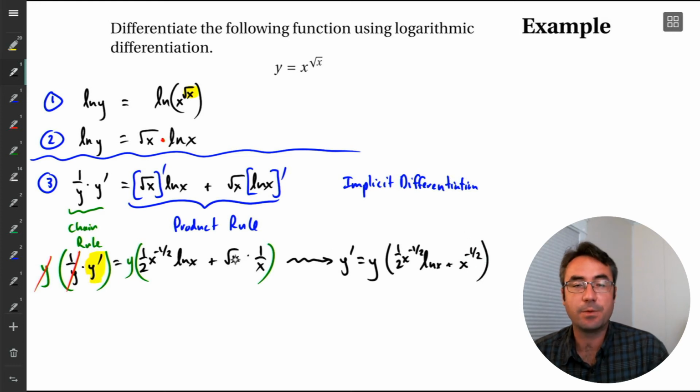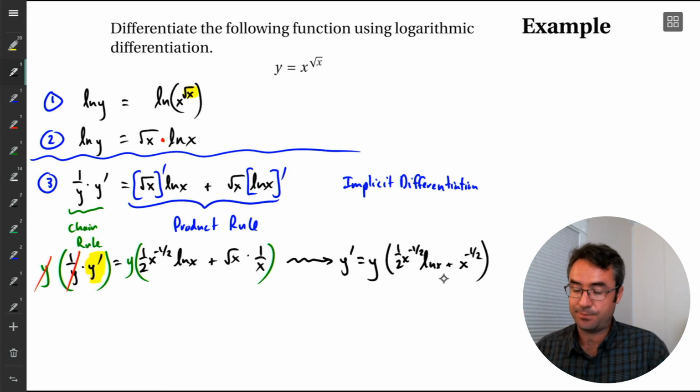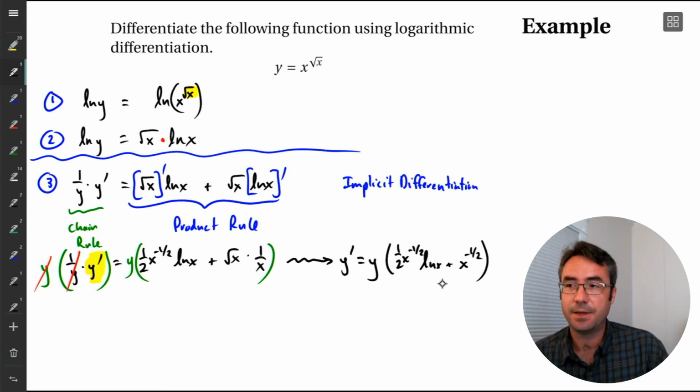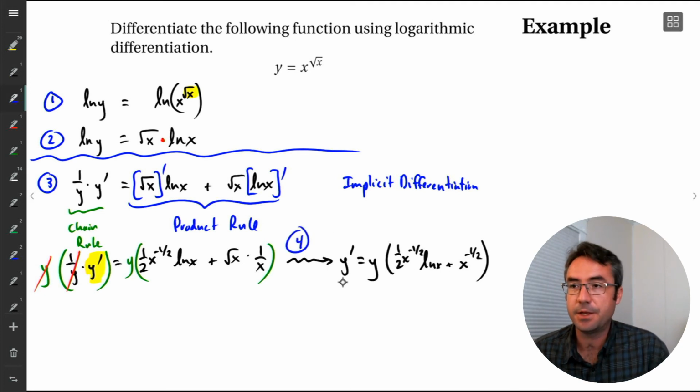So remember, when we have a fraction and we're dividing, we really subtract the exponents. So we have a 1/2 here, and then we're dividing, and the exponent down here is 1. So 1/2 minus 1 is the negative 1/2. And actually, we could probably do some factoring here as well. But this is fine for now. So this is the start of step 4, where we're solving for y prime.